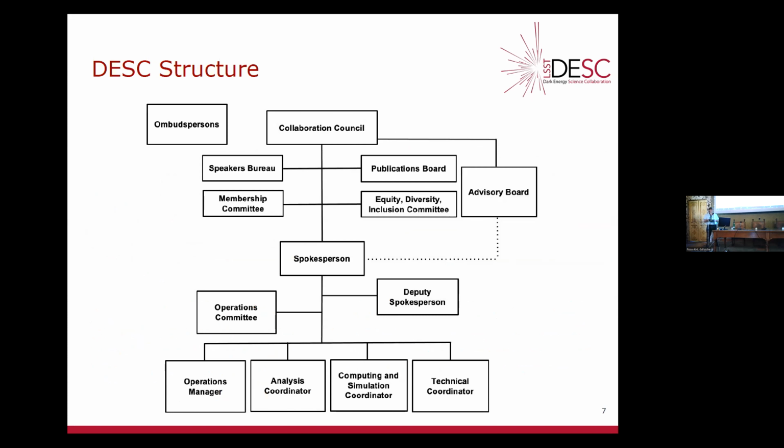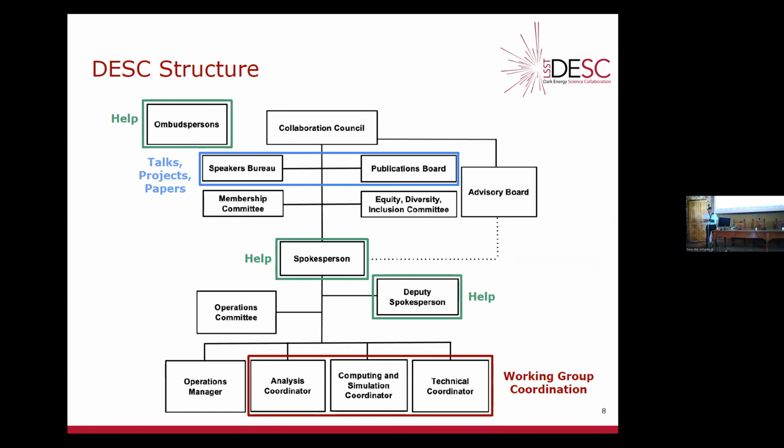The DESC structure is the following. Here you have the organization chart with several bodies. The spokesperson, in green here, with the deputy spokesperson and the ombudsperson, are not really the management of the collaboration. They are here to put oil inside the gears in order to make the collaboration run smoothly. Then you have the Speakers Bureau and publication boards to take care of talks, projects, and papers.